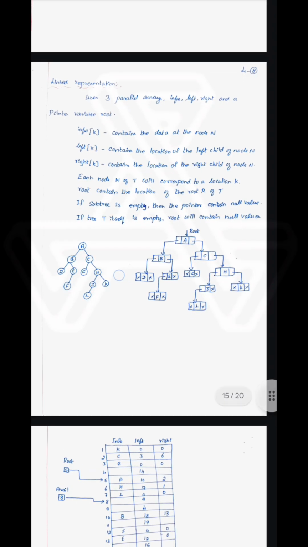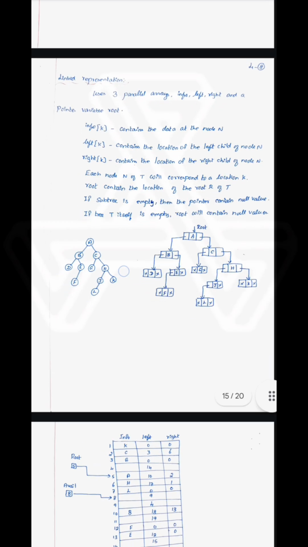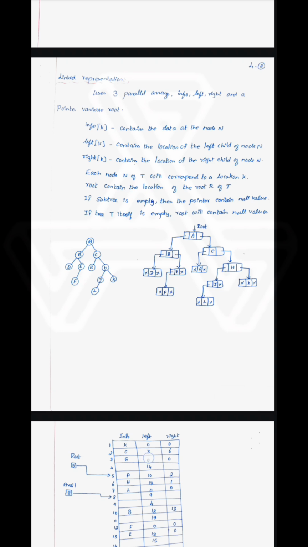Each node n of a tree will correspond to a location k. Root contains the location of the root R of the tree. If a subtree is empty, then the pointer contains a null value. If tree T itself is empty, root will contain a null value.